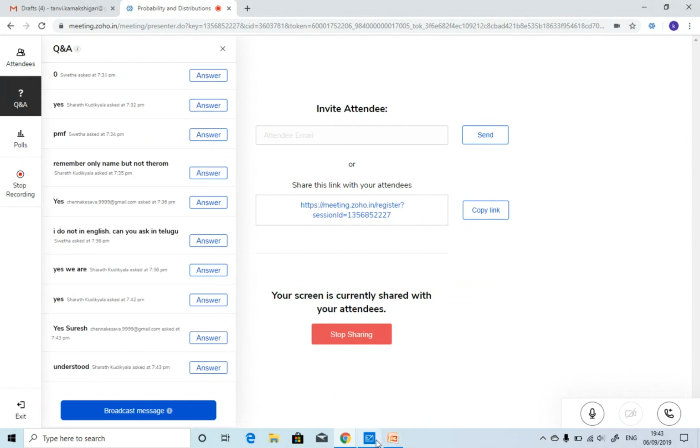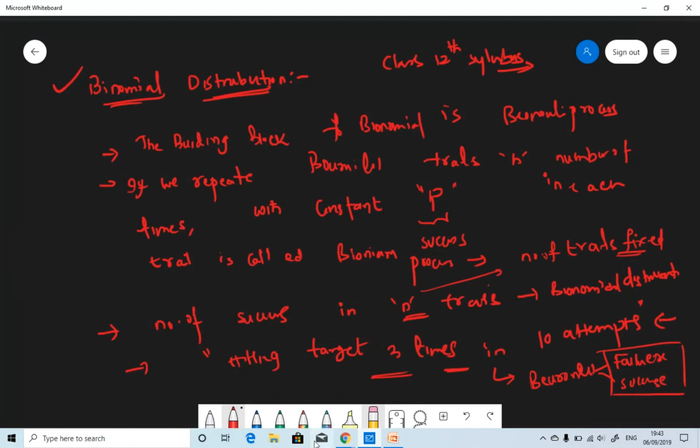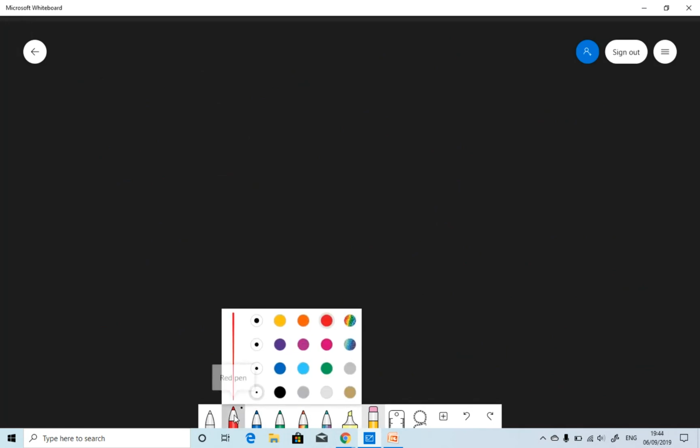Okay. Now we are going to see expected values and variance for the binomial distribution. Let us assume x is a binomial random variable.